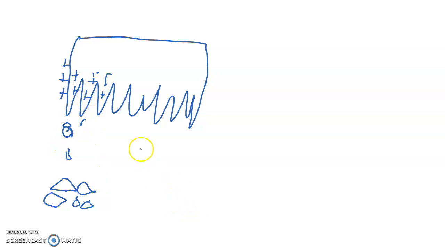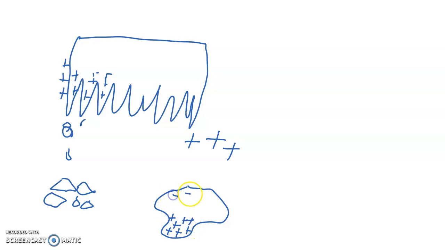Well, there is an induced force in it. Let's say this is a piece of paper, it is neutral. But when the comb gets close to it, when there is a lot of positive charge close to it, it will push all the positive to the other side, and it will attract the negative to the side close to the positive charge.